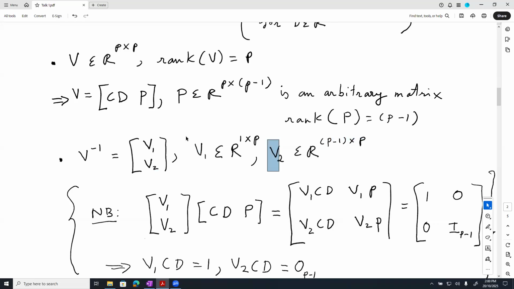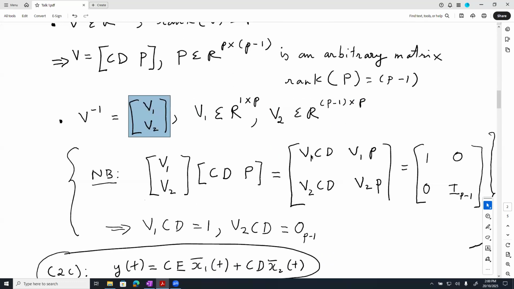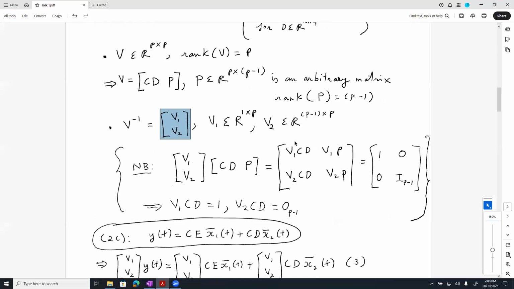It's a square matrix, and V1, V2 is the inverse of the matrix V. Now, if we have a look at V inverse times V, it should be the identity matrix, which is the one given here.